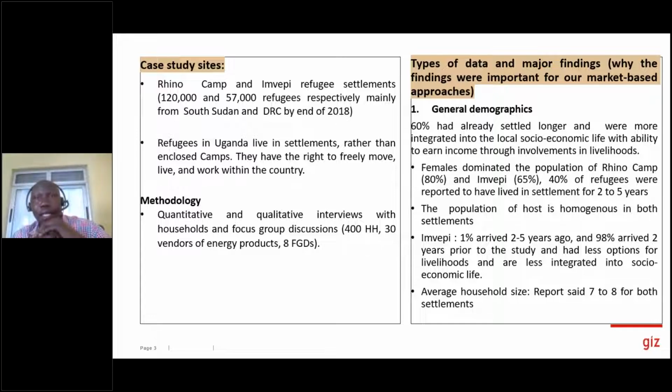The most important data that we looked at was the general demographics. The report indicated that the two settlements had different dynamics.